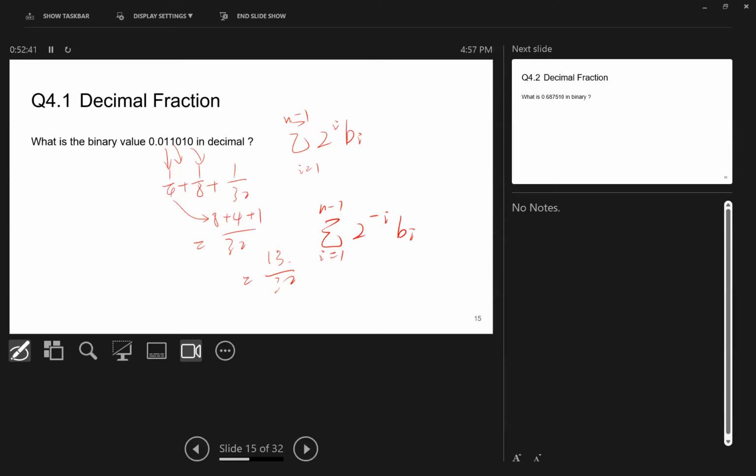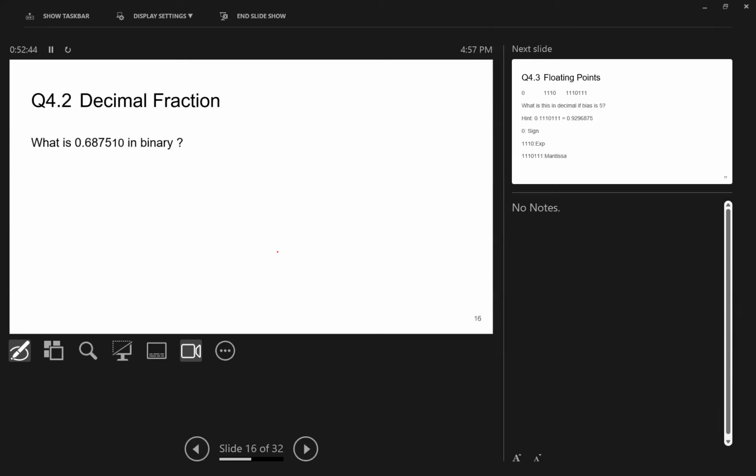But how could we transform decimal fractions to binary fractions? It's quite similar to what we do for integers. But in this case, for the parts after the point, we do multiplications instead of divisions. For integer parts, we do divisions to get each bit, but for this part, we use multiplications to get each bit.